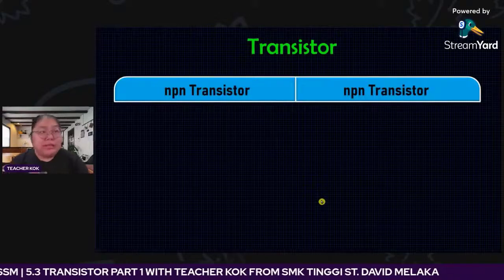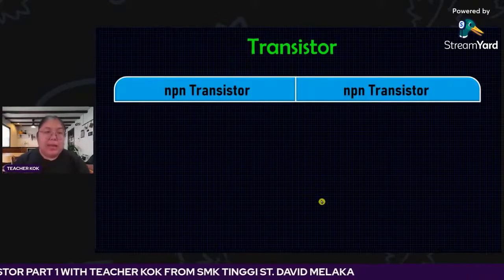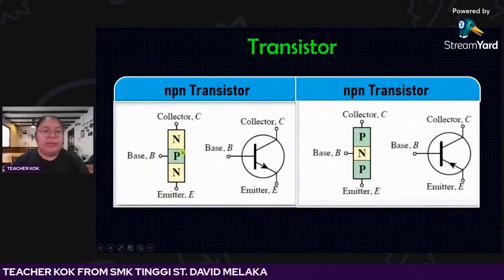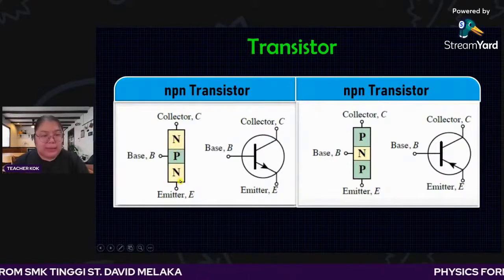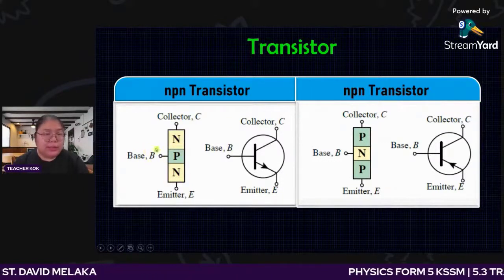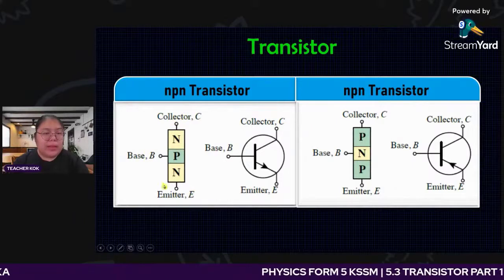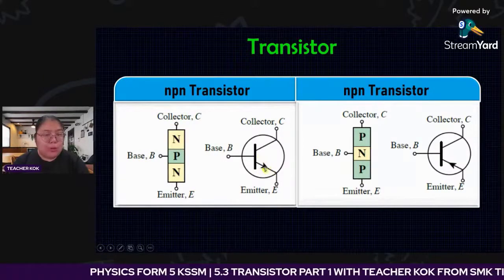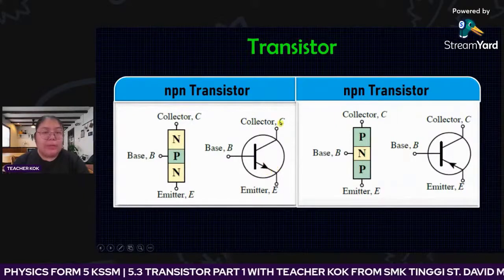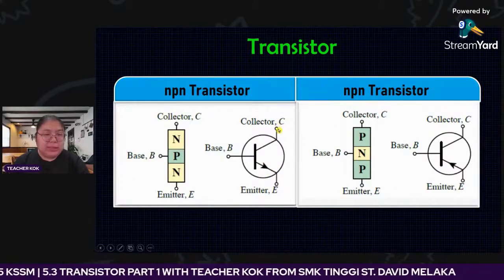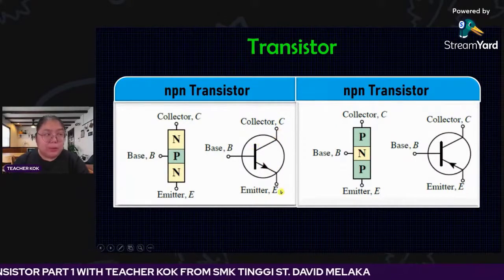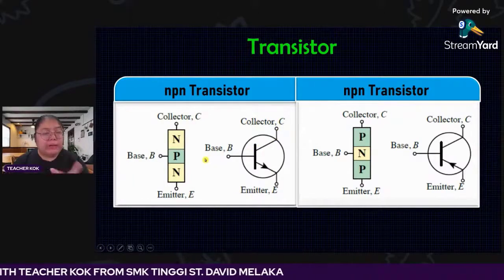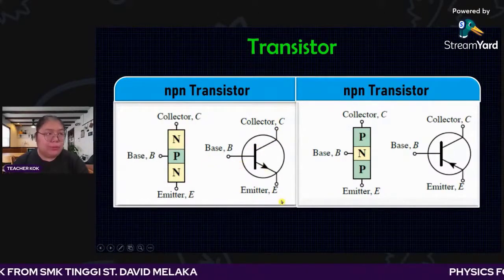Now we're going to see the structure of NPN and PNP. You can see this part, NPN. The base is in the middle, the collector at the top, then the emitter at the bottom. You can see the arrow is out. It means the current from the C goes to the B, then out. The current can also go from the B straight out.